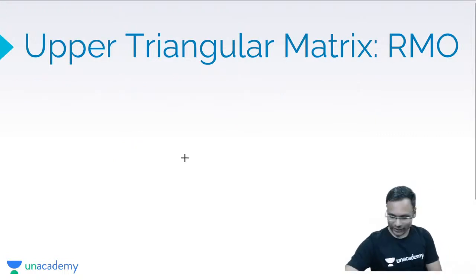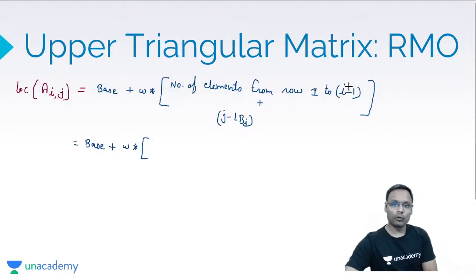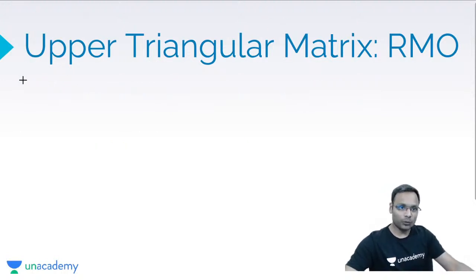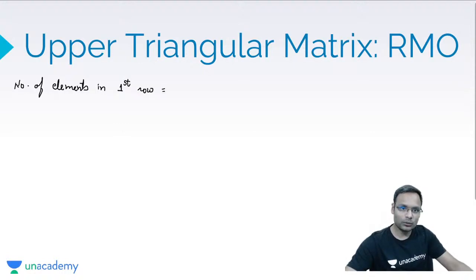Let's try to calculate how many elements are there from row number 1 to row number I minus 1. Let's quickly take it out. So, how many elements are there in the first row? Number of elements in the first row is equal to n.